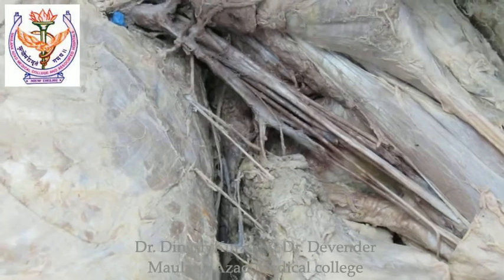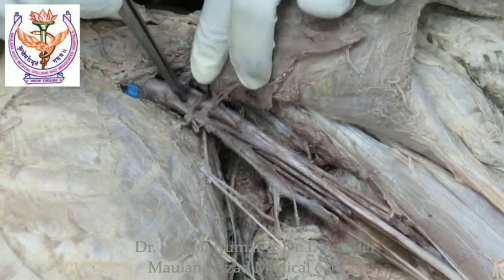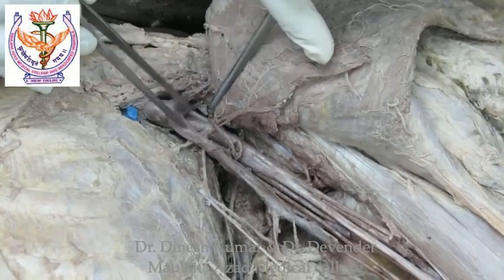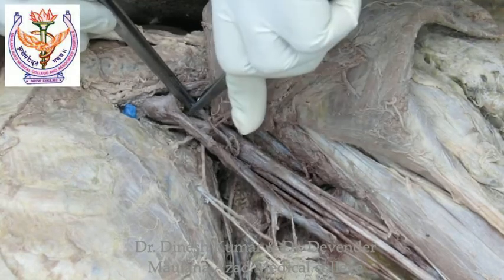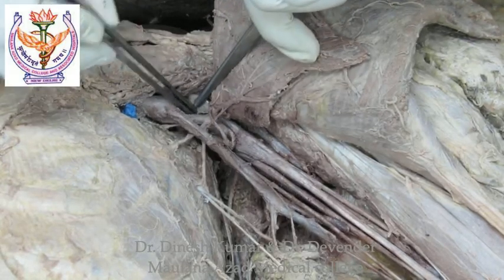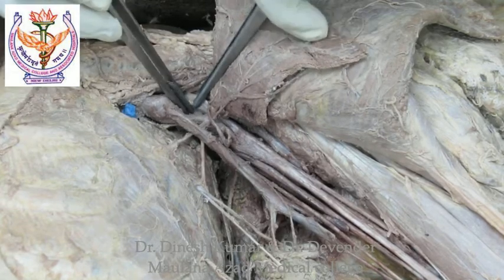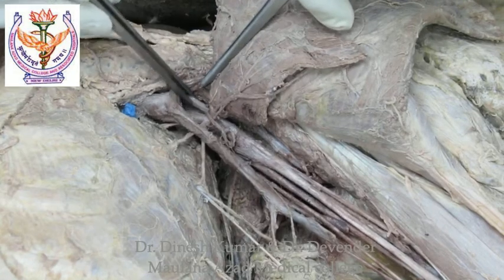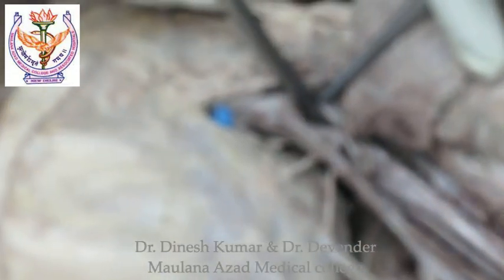Now the very important relation in the first part, you can see this is the first part. In the first part of the axillary artery, we can see this is the lateral cord and this is the posterior cord, which lie laterally. Below the lateral cord we can see this is the posterior cord.